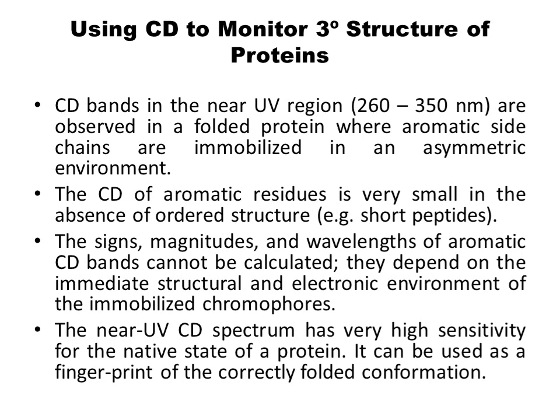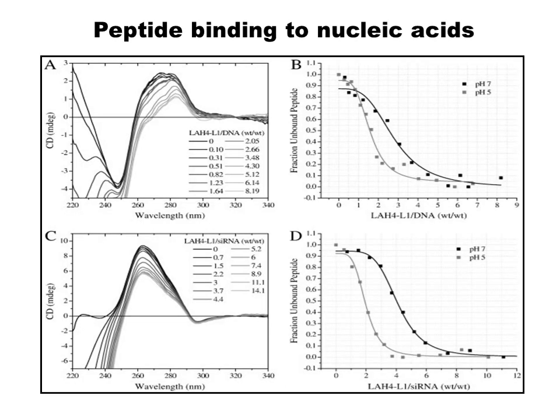You can also use circular dichroism to monitor tertiary structures of proteins. And you can use it for peptide binding to nucleic acids.